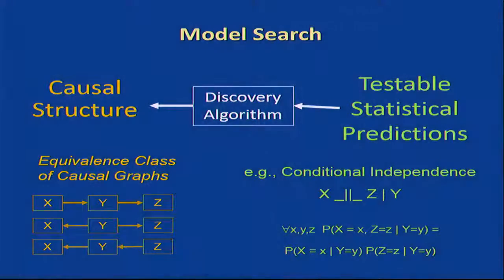Because if I don't assume anything more, I can't learn anything more. I don't know anything more. All I can tell you with this minimal set of constraints, which is the thing I observe in the data and infer it holds in the population, and the assumptions that connect causal structure with probability, is that it's one of these three graphs. But they're all equivalent unless I do more work, more experiments, more parametric assumptions, et cetera.